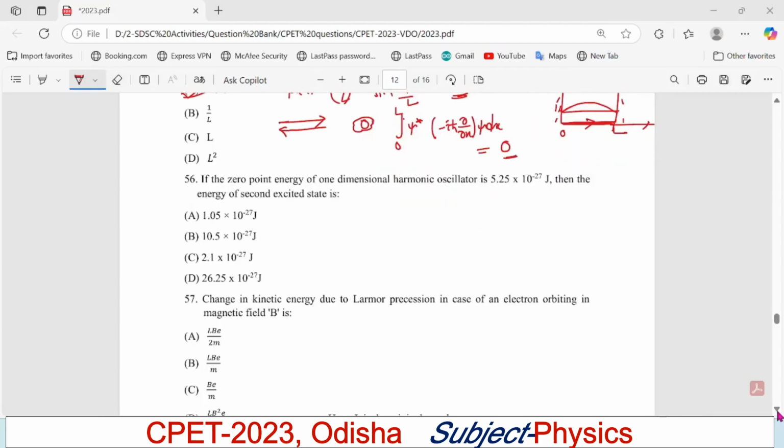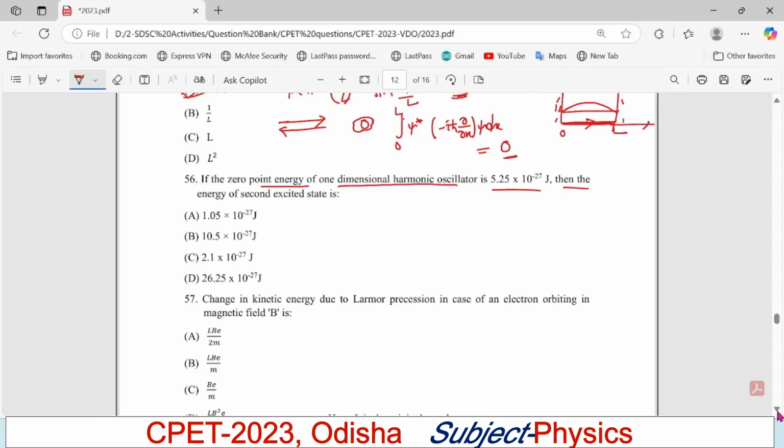Next question, question number 56. In 56, it is asked that if zero point energy of one dimensional harmonic oscillator is this much, then the energy of second excited state. See, for 1D harmonic oscillator, in general, it is written as energy level (n plus 1 by 2) h cross omega, right?